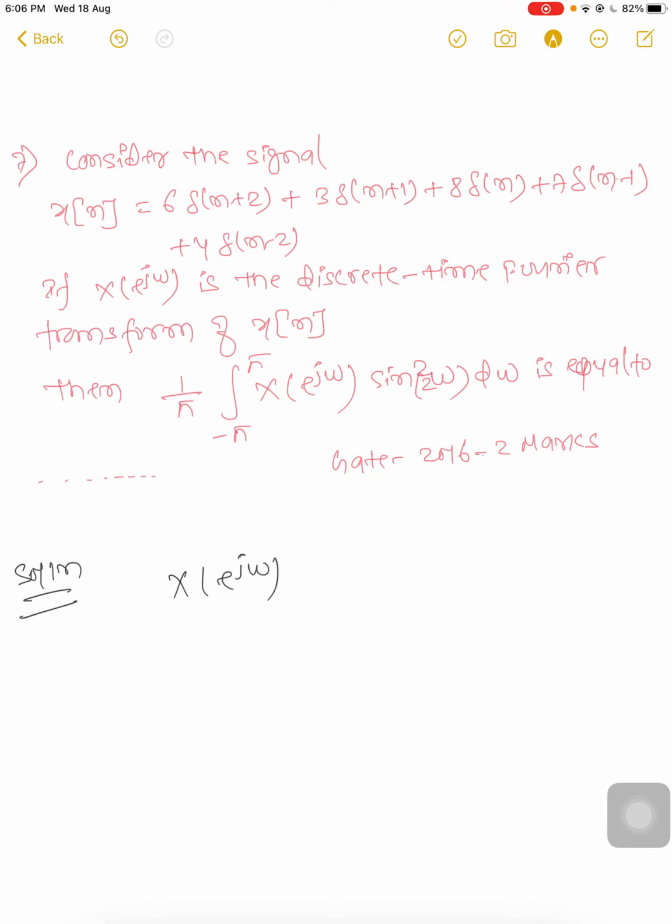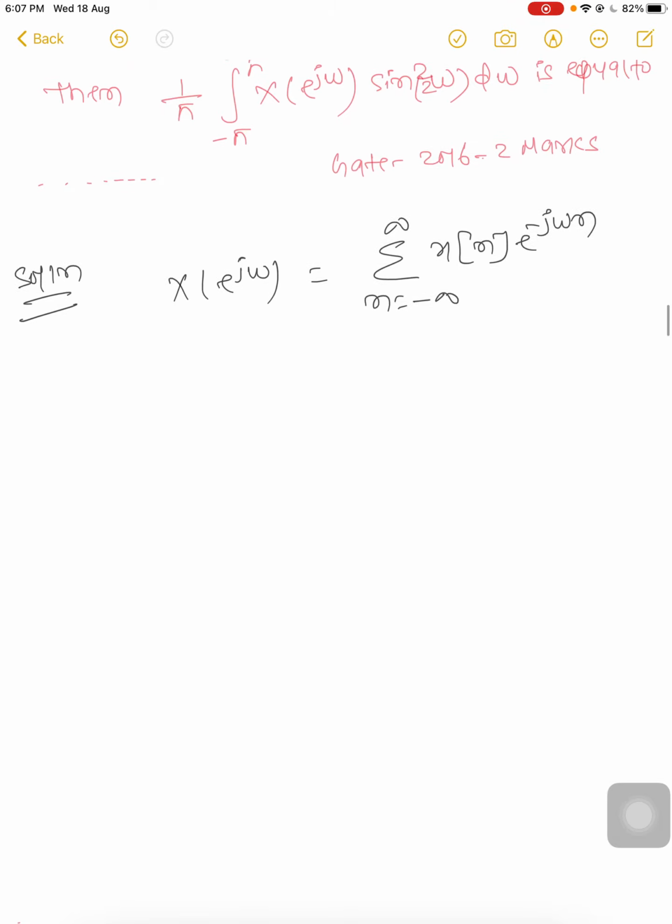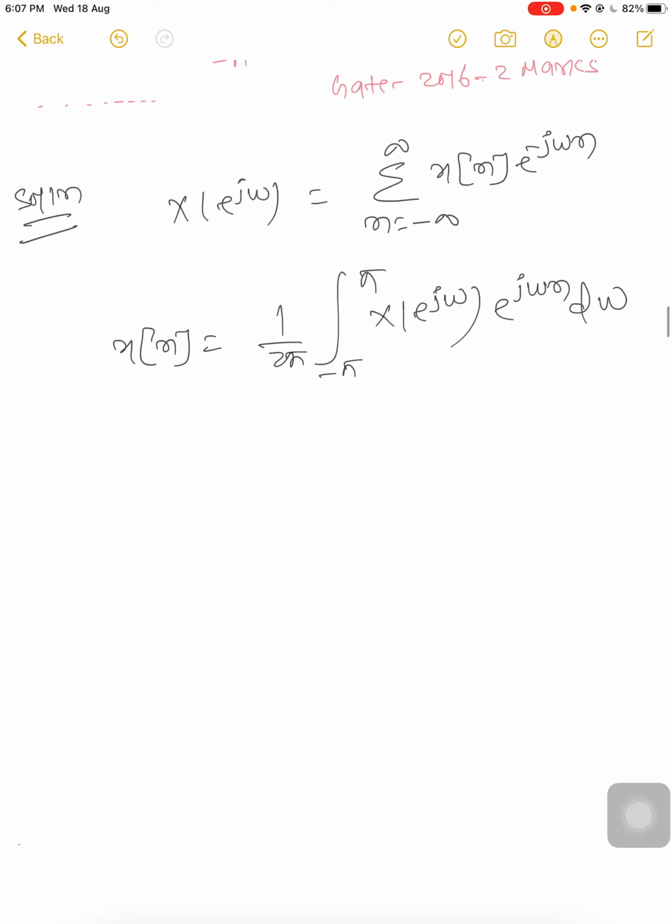Okay, so X(e to the j omega) is equal to summation of n is equal to minus infinity to infinity x[n] e to the minus j omega n. Okay, and the inverse is x[n] is equal to 1 by 2 pi, integral from minus pi to pi, X(e to the j omega) e to the power j omega n d omega.